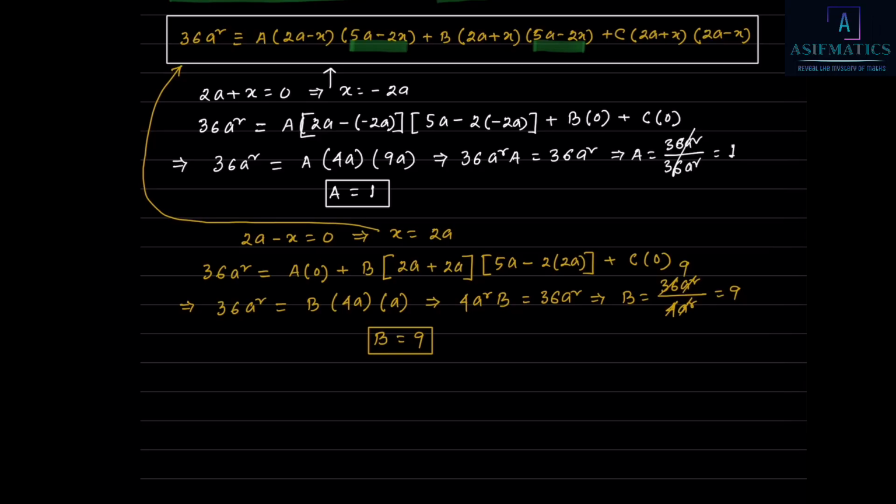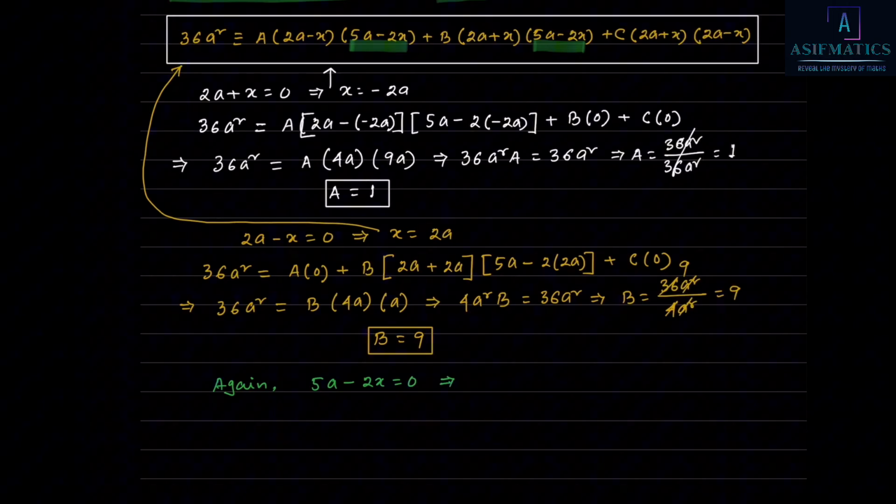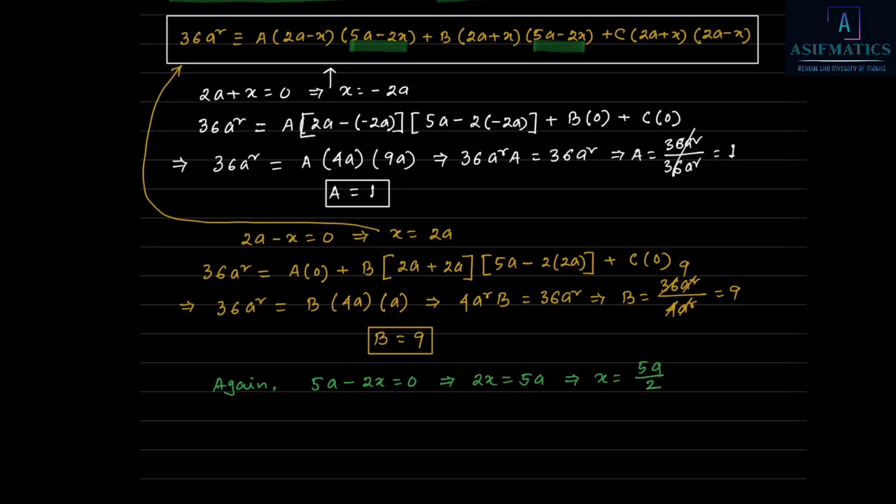So again we can write 5a minus 2x equals 0, or 2x equals 5a, or x equals 5a by 2. Again, you put your x value in the whole equation.